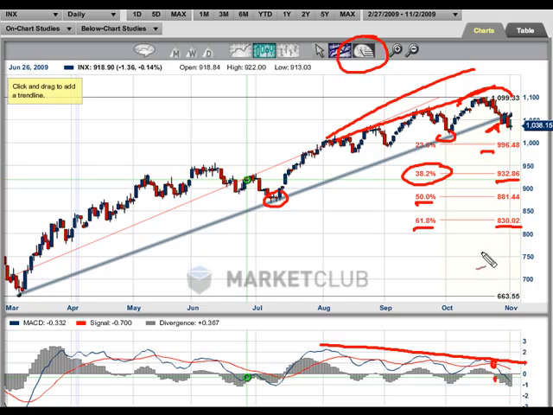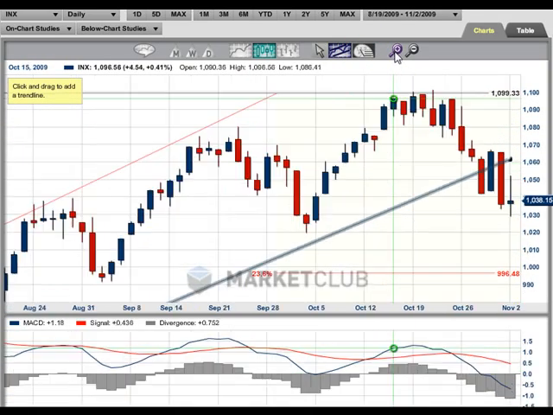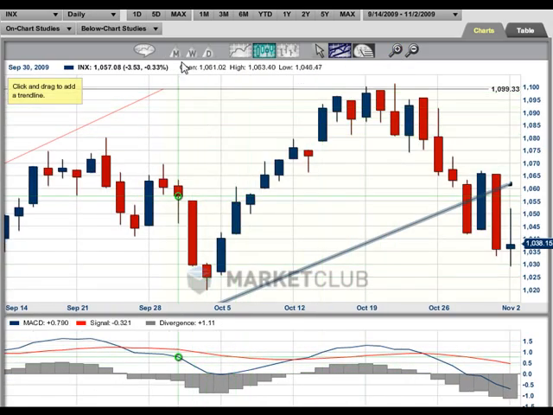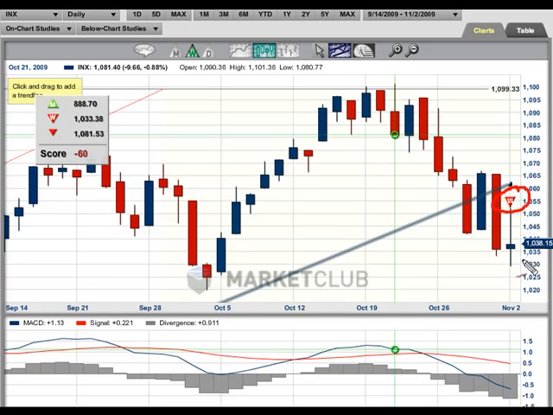But more importantly today, I'm going to take everything off the screen because I want to show you this, and I'm going to scope this in even further. It's easy to do with Market Club. I'm going to put our weekly triangles in. As you can see today, the weekly triangle gave a signal to be out of this market if you are a position type trader.